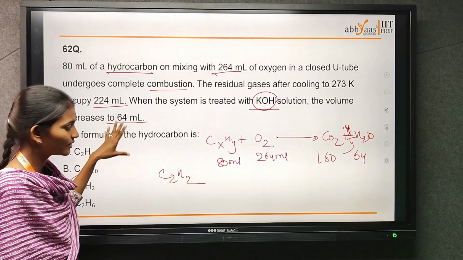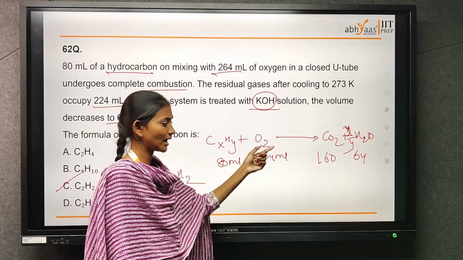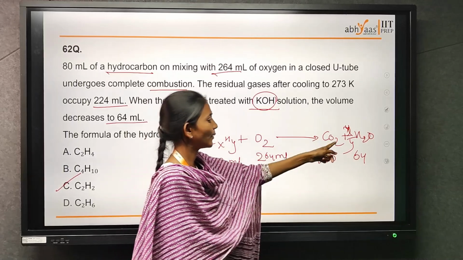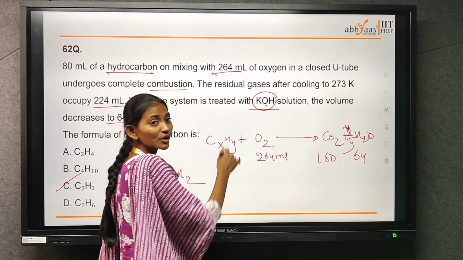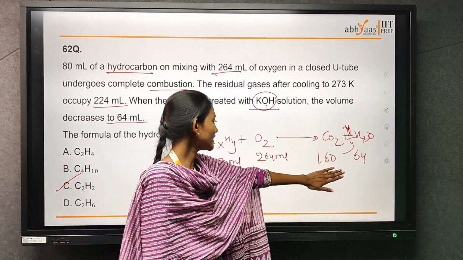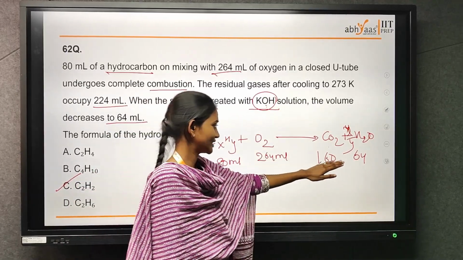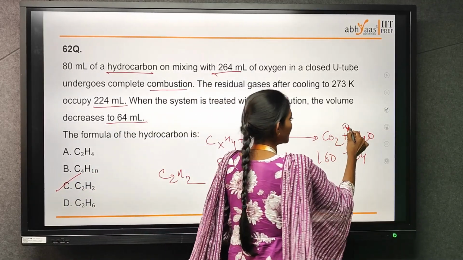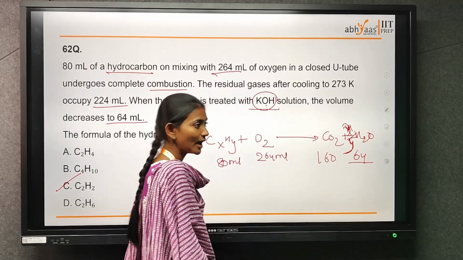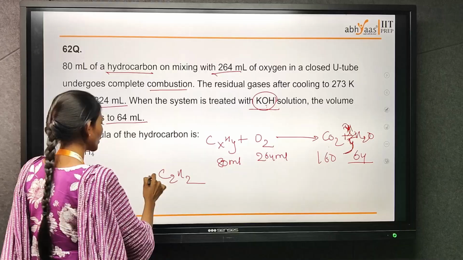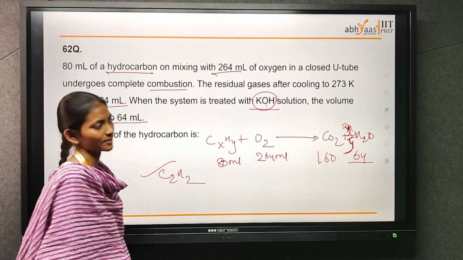I'm telling again: when you take 80 ml carbon with oxygen 264 ml, the CO2 formed is absorbed when treated with KOH. Then you get 264 minus 60, which is 160. That y by 2, x by y cancels, then you get your value 64. Upon doing the ratio, you will get your answer C2H2, which is option C.